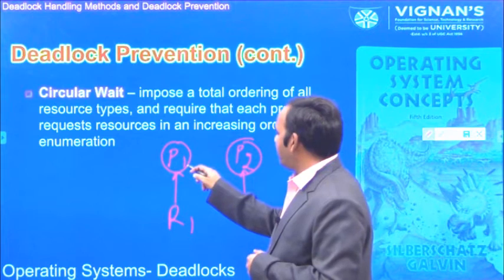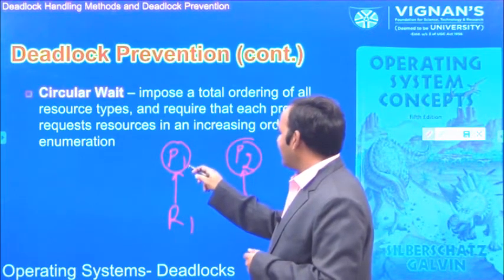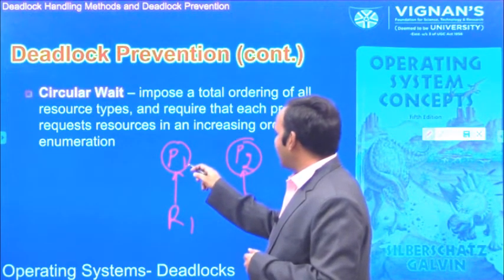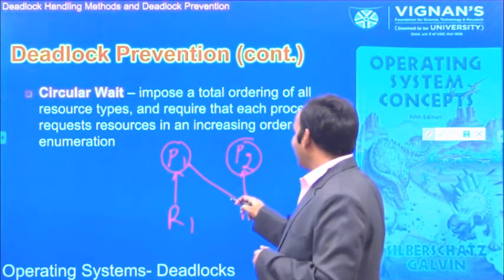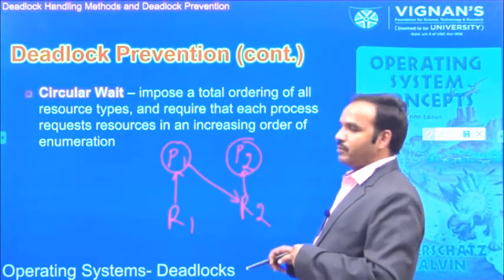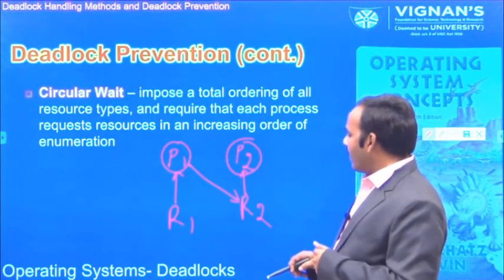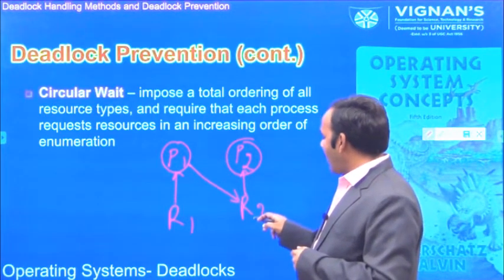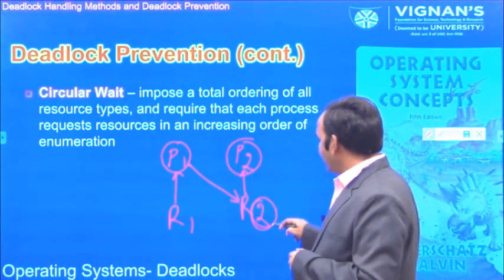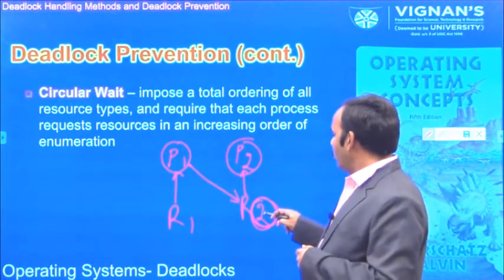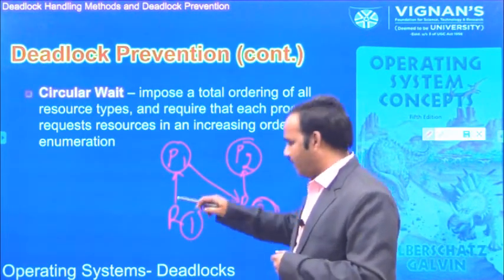Now, when P1 requests R2, P1 can request R2. Why? Because R2 means here 2. What is the numeric value of this resource? 2. This 2 is greater than R1.